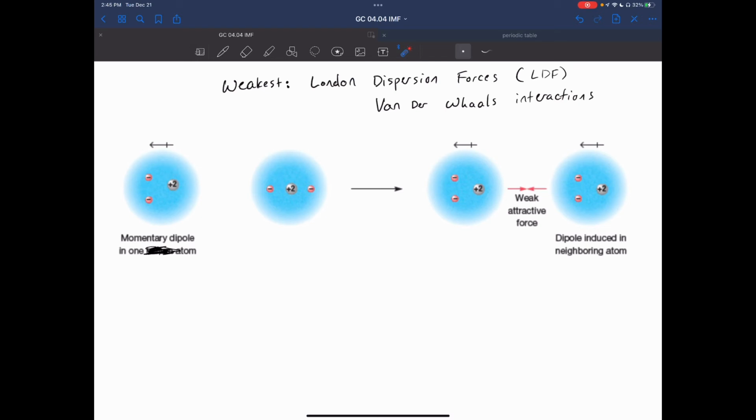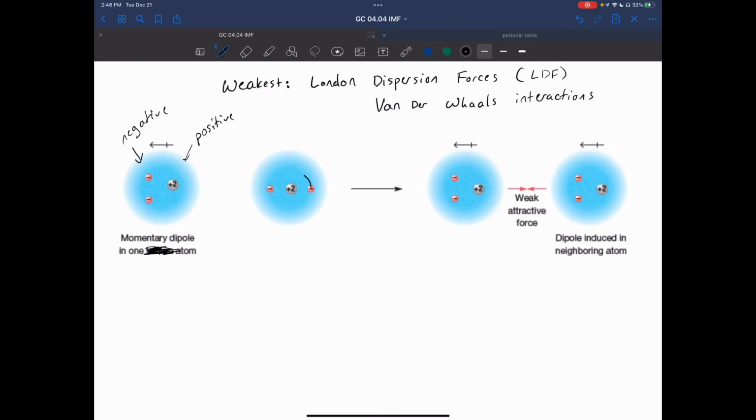There's a non-zero probability that both electrons could be on one side of the atom, which makes this side of the atom negative and this side positive, because that's the side the nucleus is on.